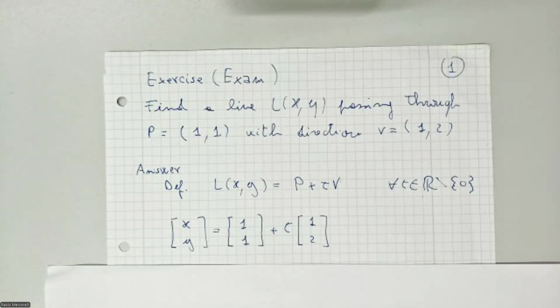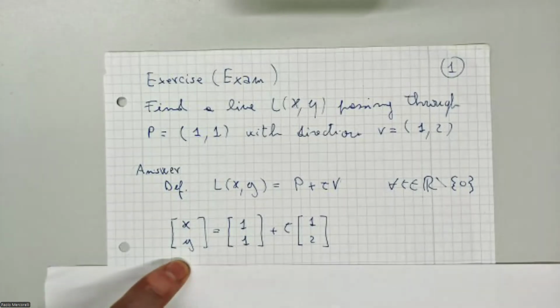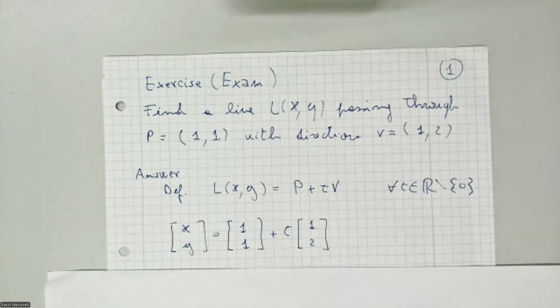Now, in accordance with the definition, I copy the definition with the structure which you learned here. This means L of (x, y) can be seen as the set characterized by the general vector x and y. We can see that on this part here we have a general vector x and y. This is our line.